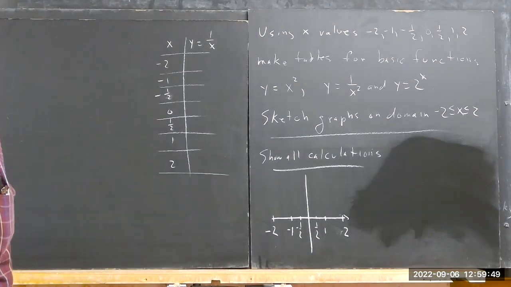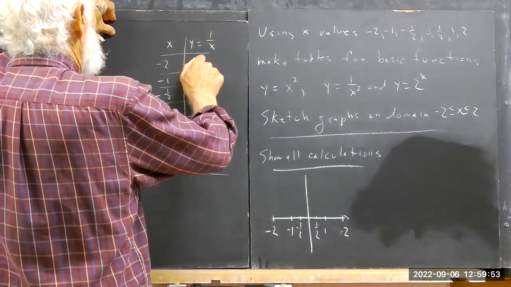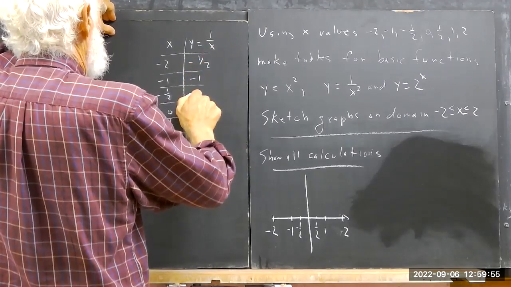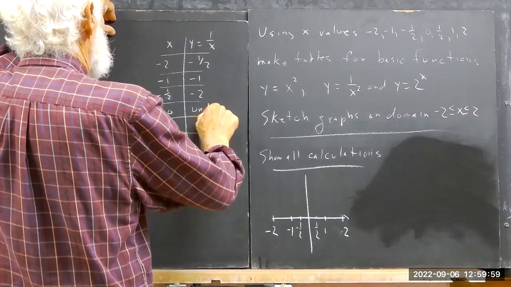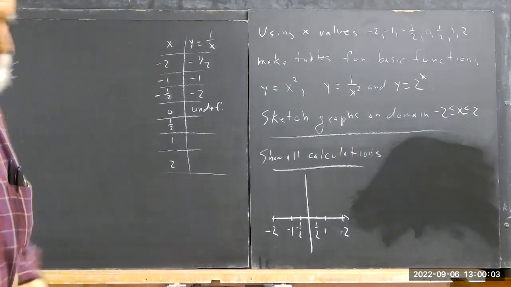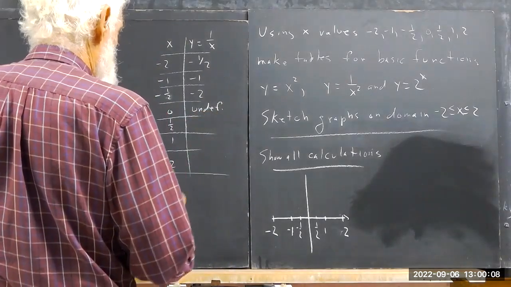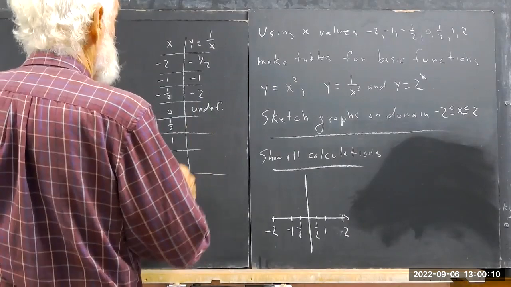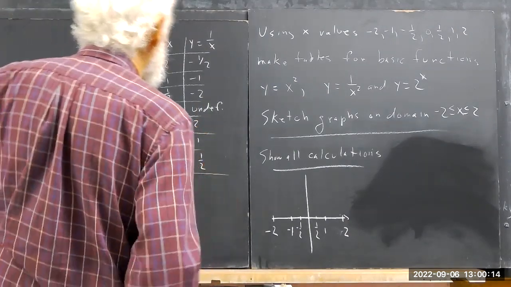My values, okay? Now, 1 over x is going to be -1/2, -1, -2, undefined. And DNE is what? Does not exist. Now you got 2, 1, and 1/2.